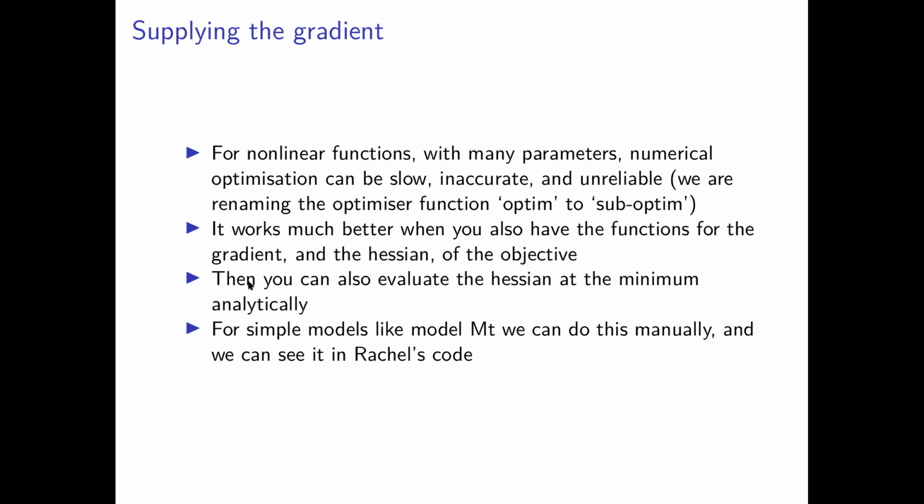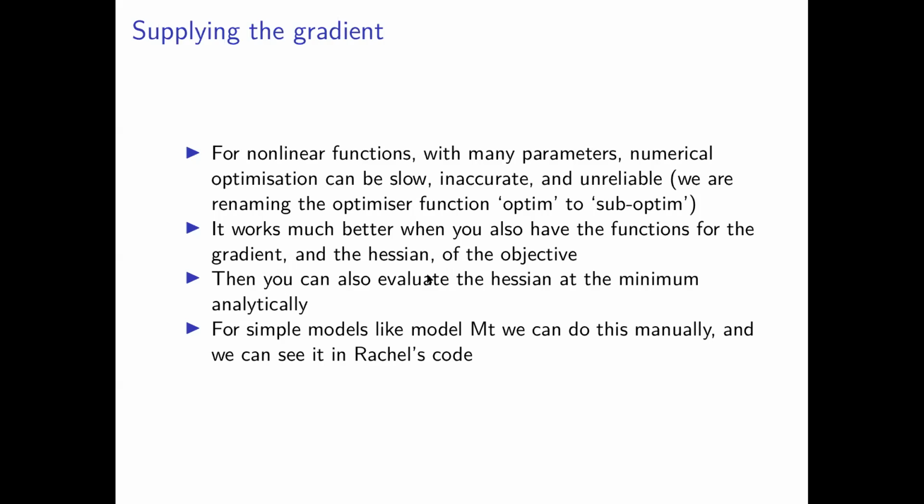That's because the optimizer can then use the gradient and the Hessian to know in which direction to go in order to decrease the value of the function. And it can also evaluate the gradient directly to tell when it's 0, since the gradient has to be 0 at a minimum.